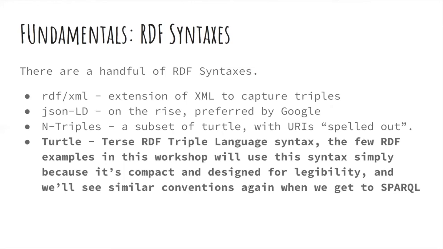And this serialization, we're starting to see more on the web, and is preferred by Google and other search engines. N-Triples is an older syntax. It's a little bit more verbose than the one that we'll focus on here today, but it's a subset of Turtle where the URIs themselves are always spelled out.